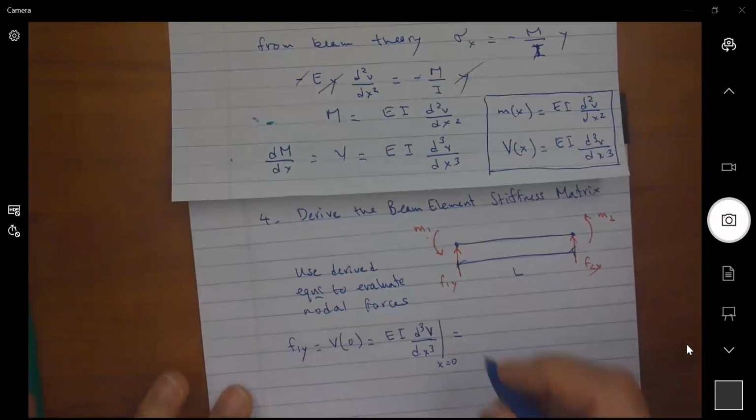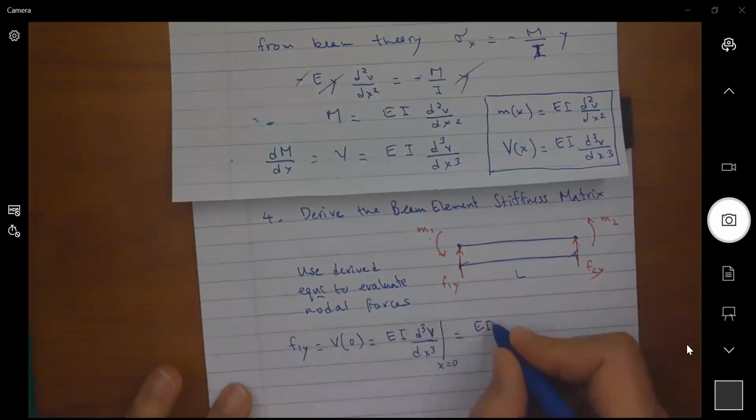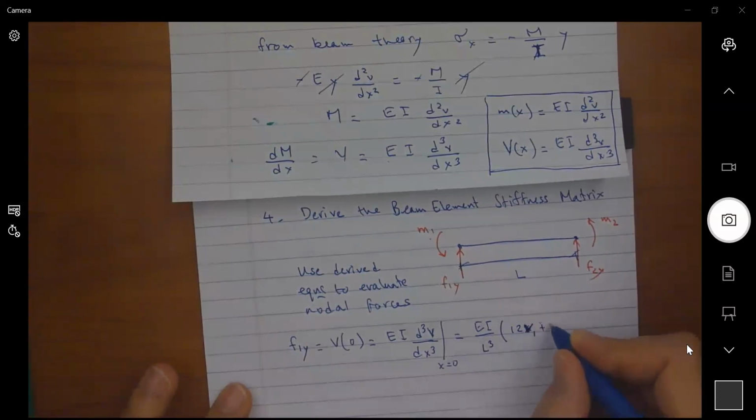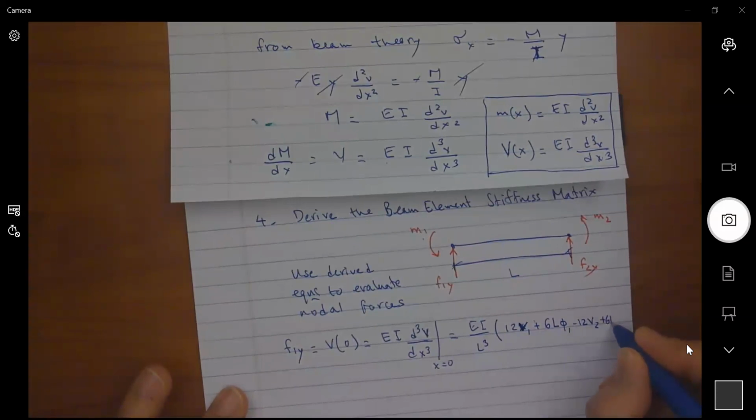So when I do that, I will get EI and substitute for x equal to 0. EI over L cubed times 12 V1 plus 6 L phi1 minus 12 V2 plus 6 L phi2.